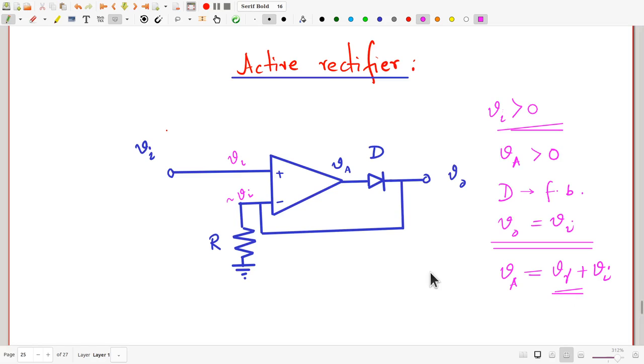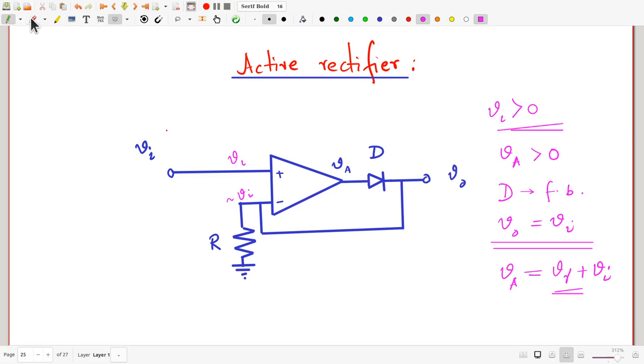That's because there's a drop of V gamma across a forward biased diode. So at least for the positive half of the cycle, this circuit does work as advertised. What about the negative half of the cycle?